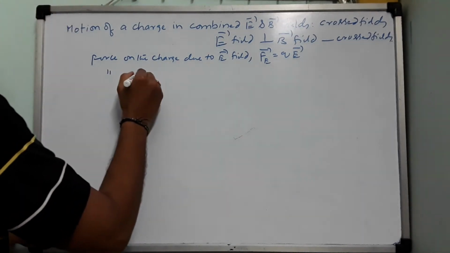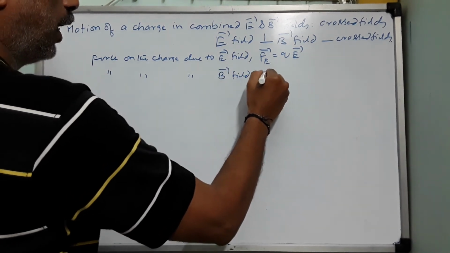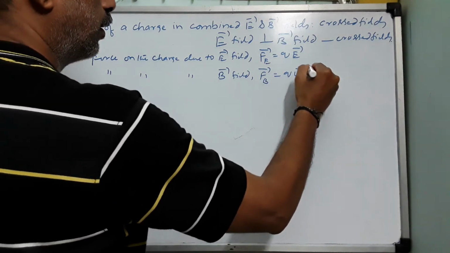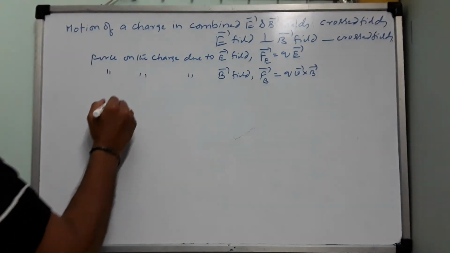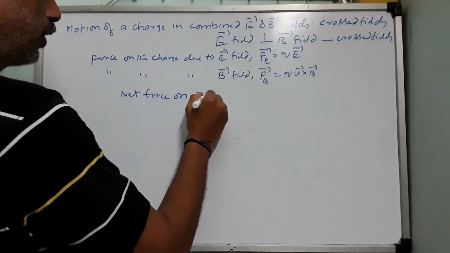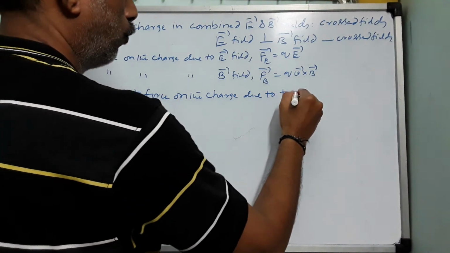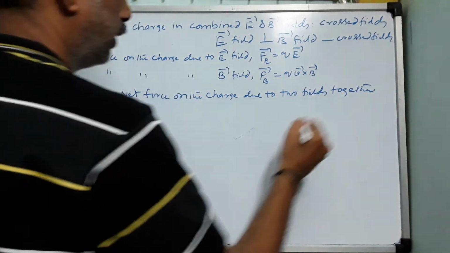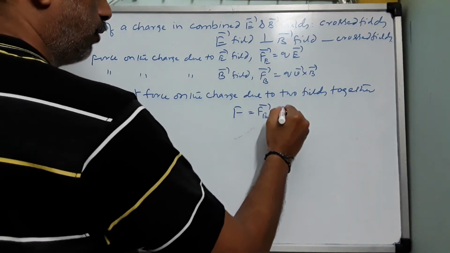Similarly, force on the charge due to magnetic field, Fb vector equals Qv cross B. Lorentz magnetic force. Now, net force on the charge due to two fields together is F equals Fe vector plus Fb vector.